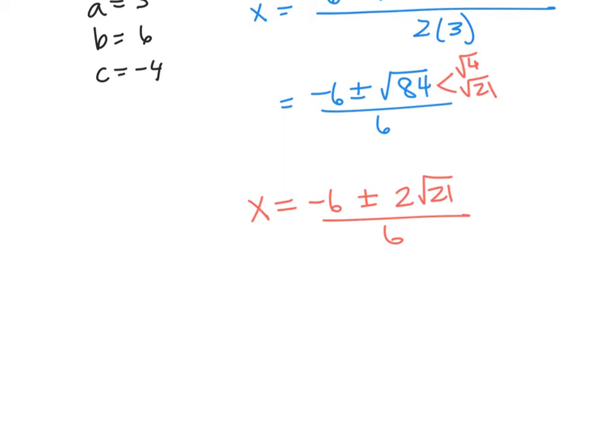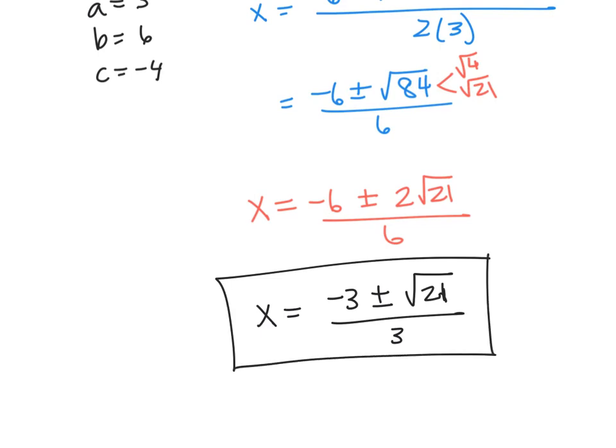And then similar to what we did on the last one, we can't reduce with the square root number, but if you have anything outside the square root in all three spots, and you can divide those all by the same number, we can reduce this one more time. And they're all even, so you can divide by 2. So we get negative 3 plus or minus the square root of 21 all over 3. And there's our simplified answer.